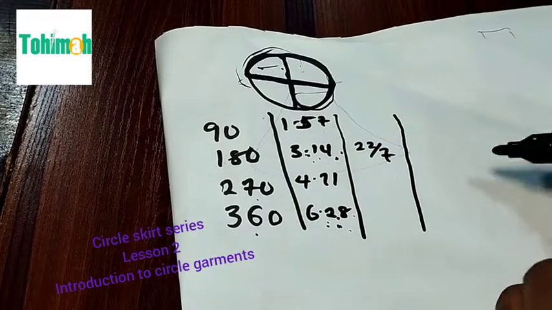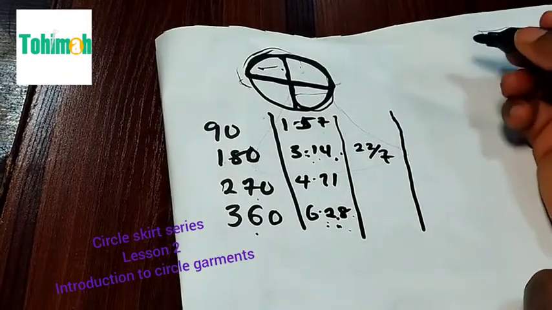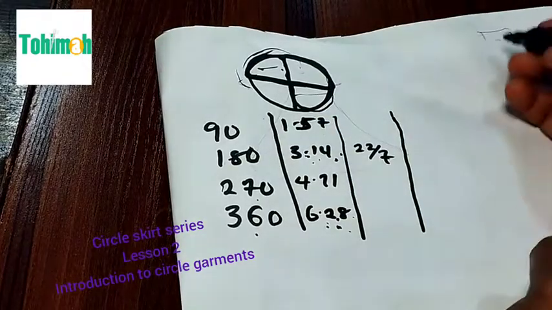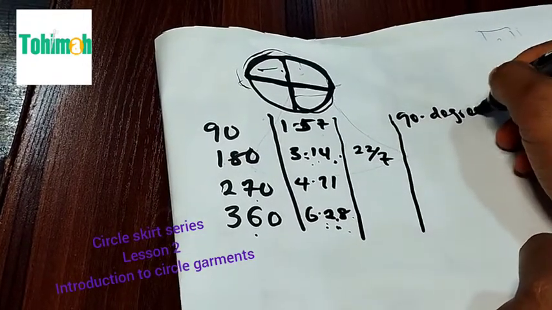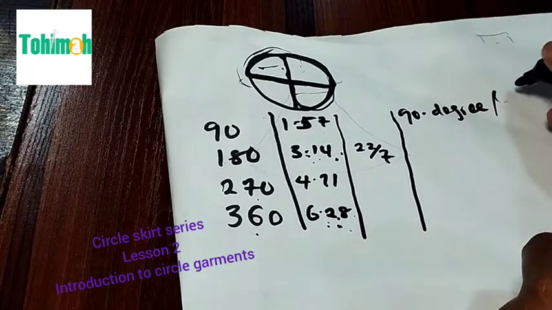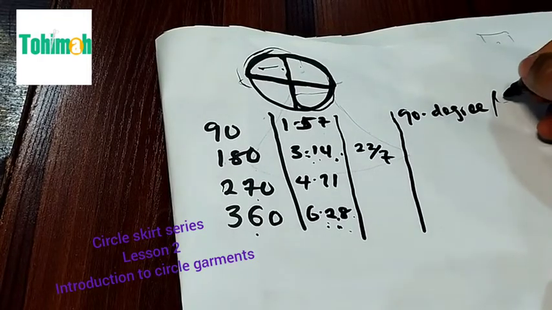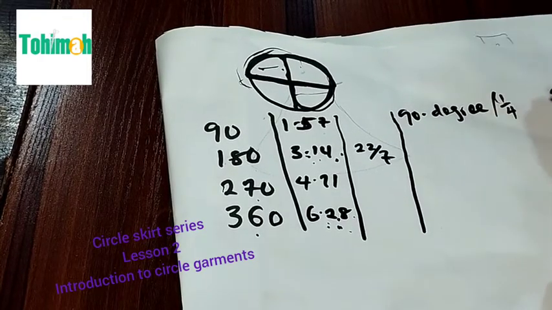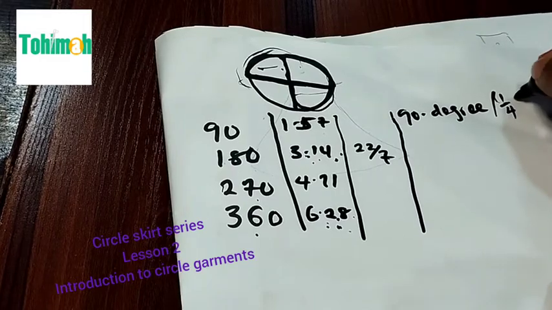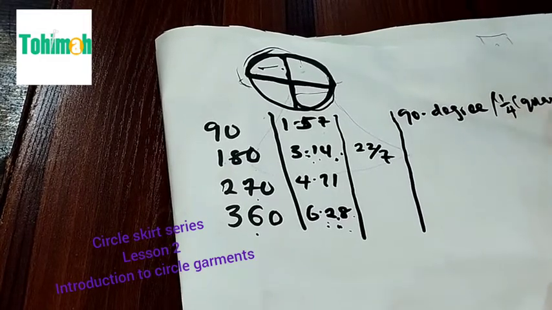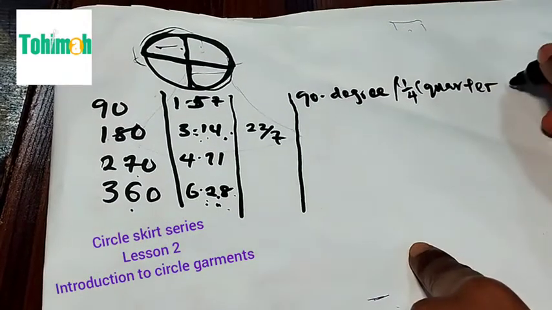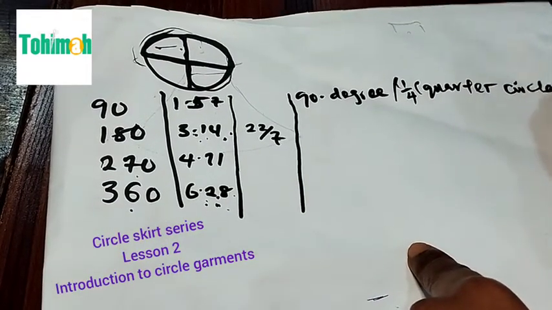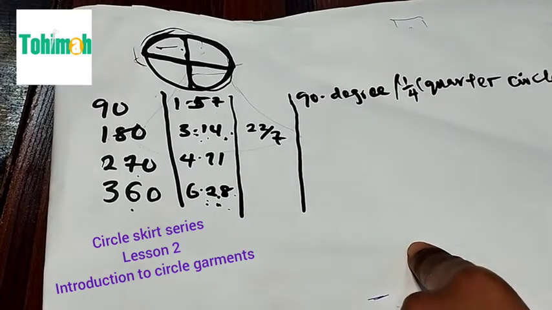Now the next one is knowing their names. So this 90 degree is also known as 90 degree circle, and also known as quarter circle. That is it.